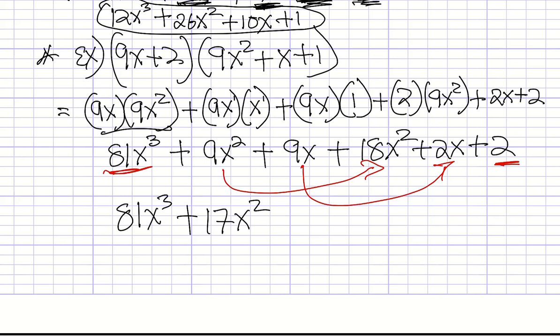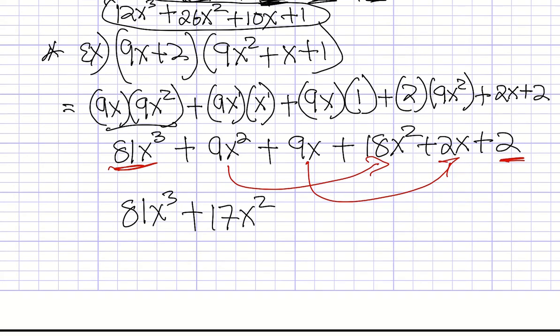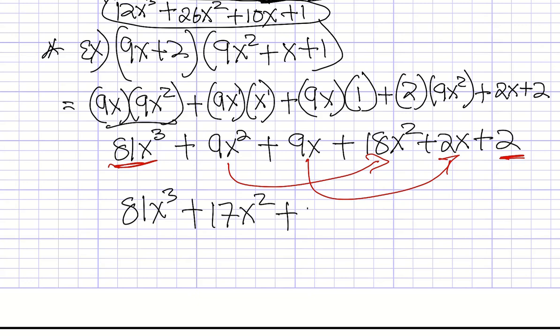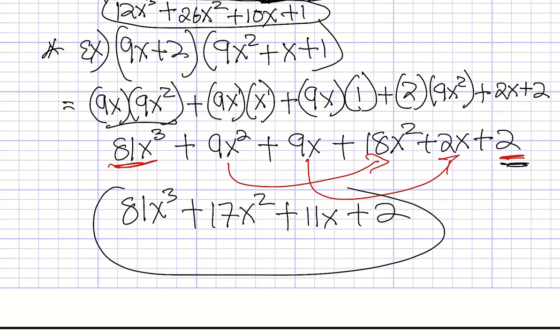You see, right? When you're adding, you don't do anything to the exponent. You're just adding the like terms. Okay, the other one is 9 plus 2 is 11x. And then you bring that 2 here. Is there anything else to add? I don't see anything. I think we're done.